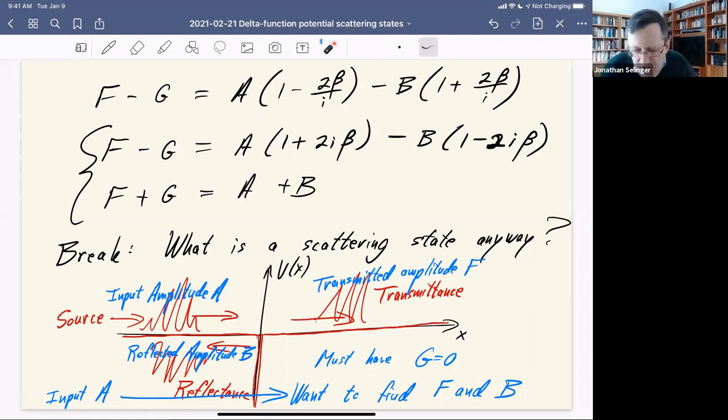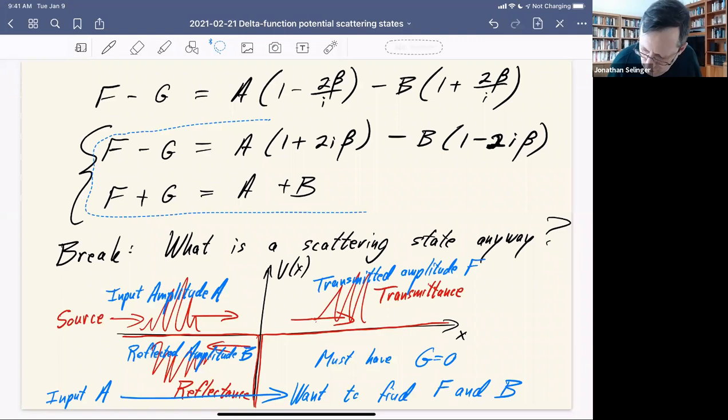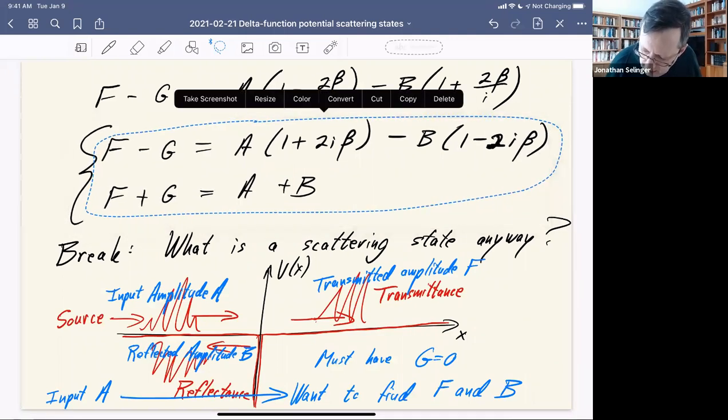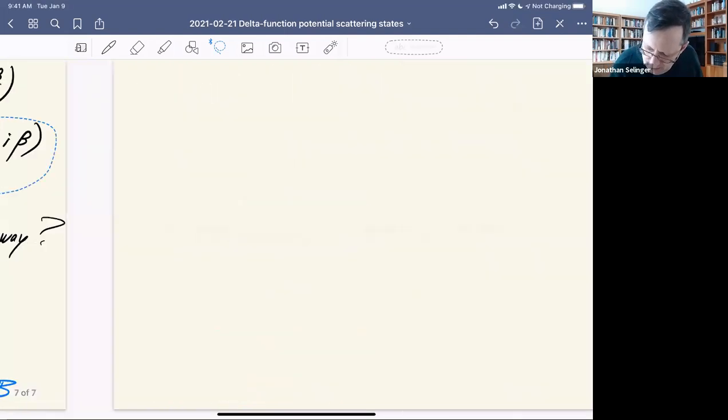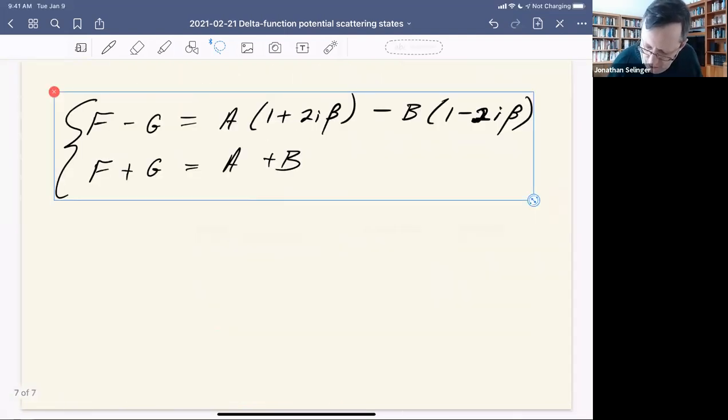Okay. So we still have two equations, but now we just want to solve the two equations for two unknowns. And that is actually a solvable problem. Okay, so let's do it. Let's solve it. So we have these two equations. Copy. Paste. Ooh, it works.